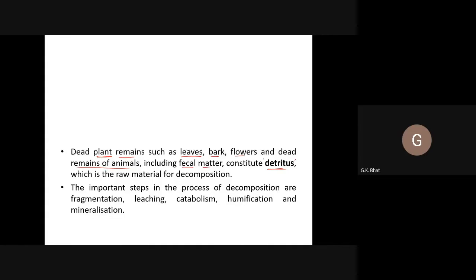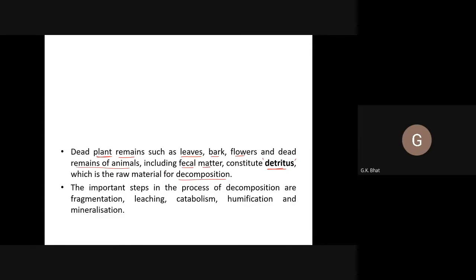Always ask a question, what is detritus? Detritus is a raw material for decomposition.